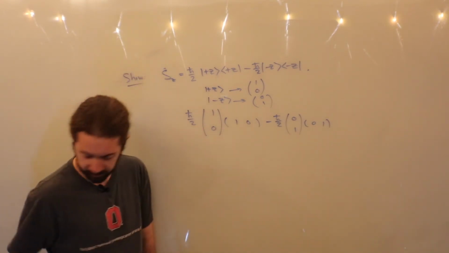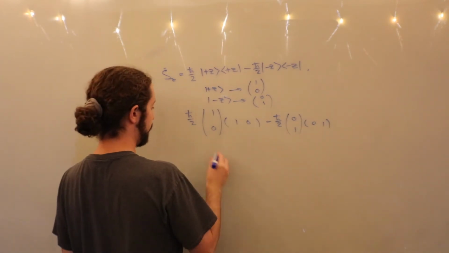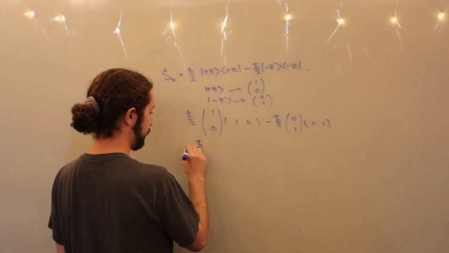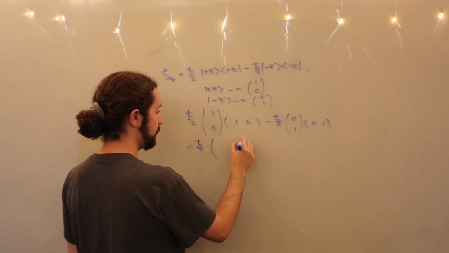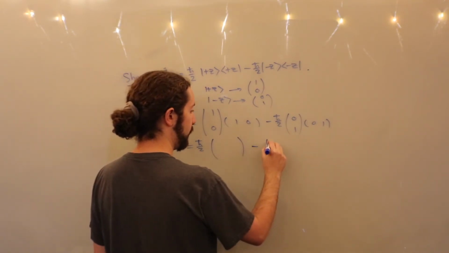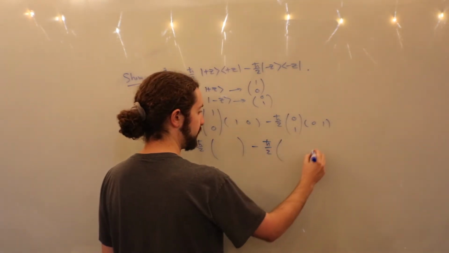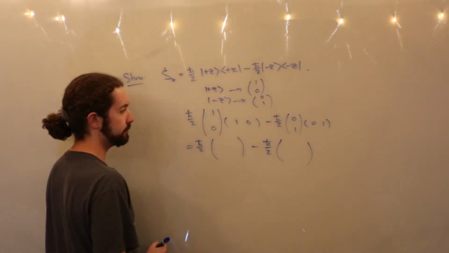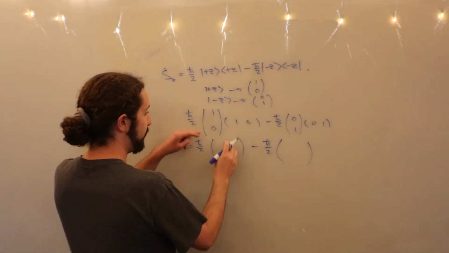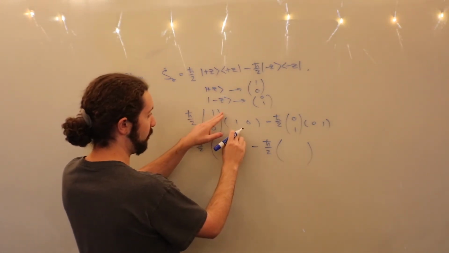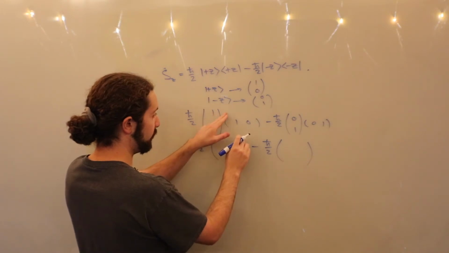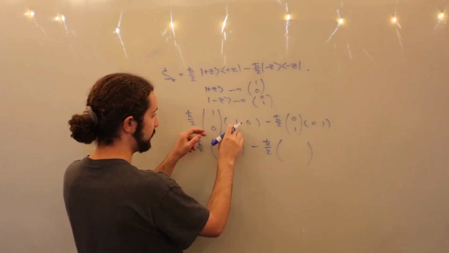So let's carry out that calculation. So this is going to be equal to h bar over 2 times some 2 by 2 matrix minus h bar over 2 times some other 2 by 2 matrix. So our first entry is just going to be the product of these two, since there's no more rows and columns for us to move over into up here or down into from here.